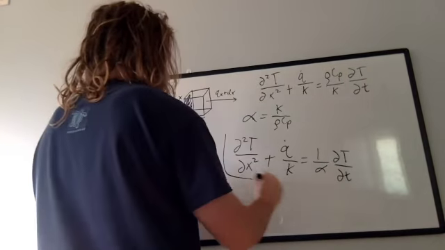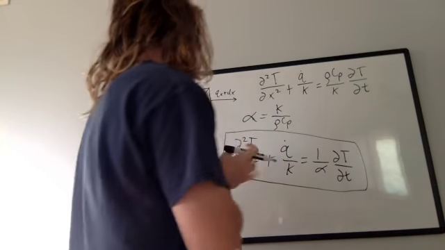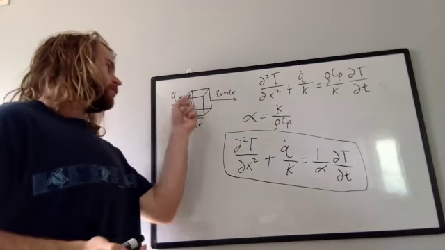And there you have it. This is going to be our equation that we are going to use to represent the heat diffusion through the specific volume of our substance right here.